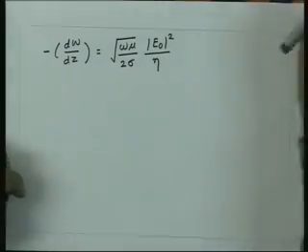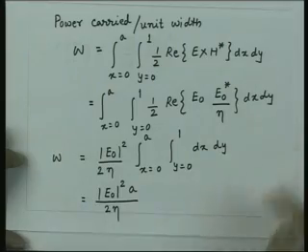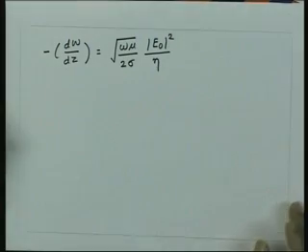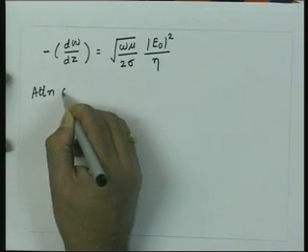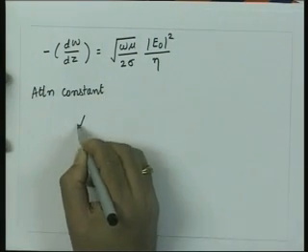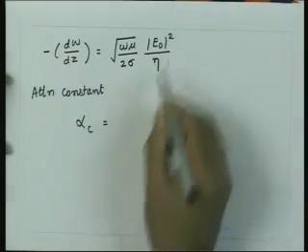So, I know both the quantities now which are needed for calculation of the attenuation constant. One is the total power carried by the waveguide, and second one is the power loss per unit length of the waveguide. So, the attenuation constant for this case, alpha_c, will be minus dW by dz, which is this.